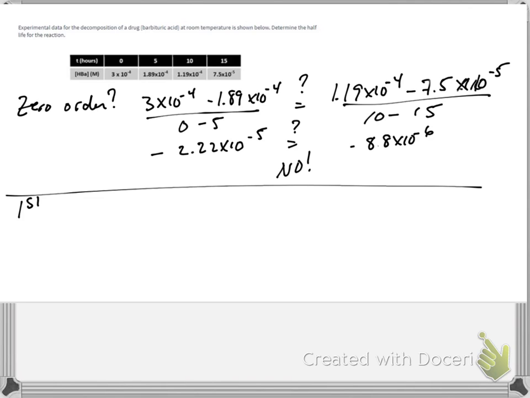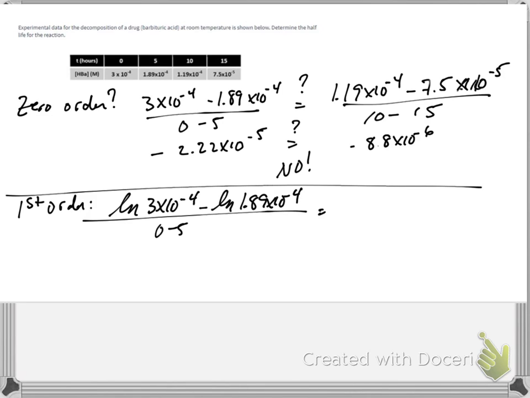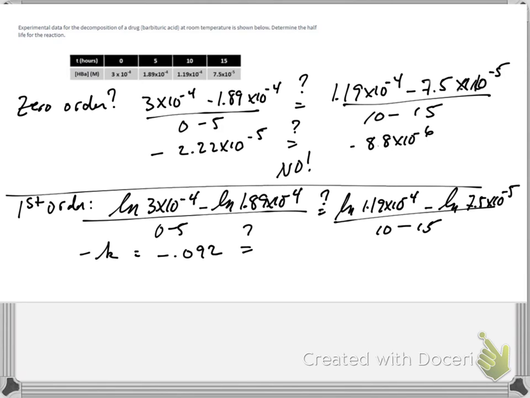So we check first order. That would be the ln of the concentration. We take the difference in the ln of the concentrations of the first 2 points and set this equal to, is it the difference of the ln of the last 2 concentration points the same? And what we see is, yes, it is first order with a rate constant, right?